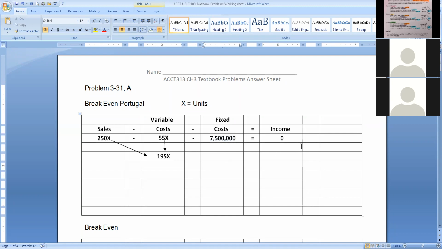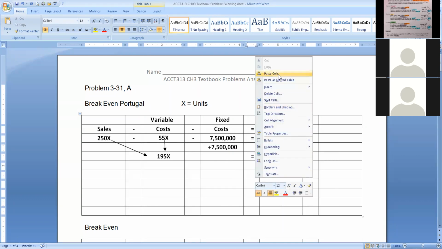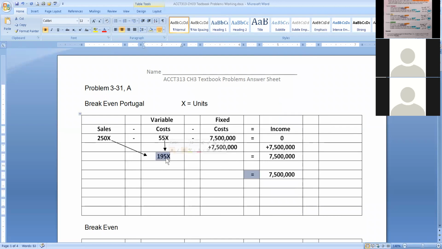So I'm going to add $7,500,000, you said? Okay, so we have 195x equals 7,500,000.